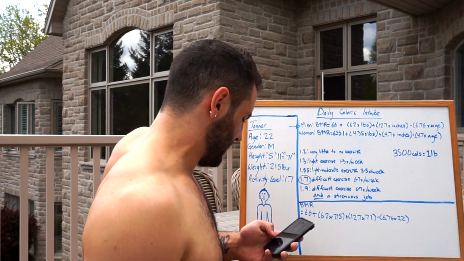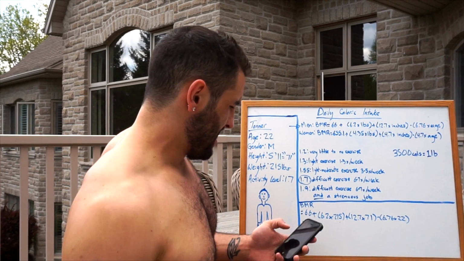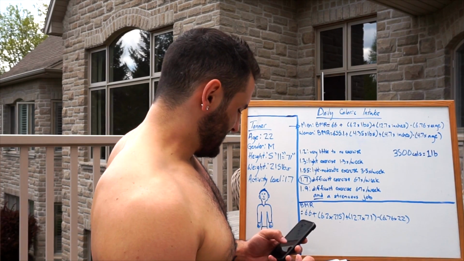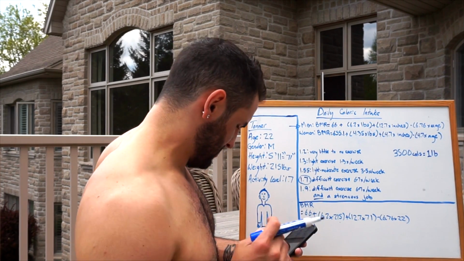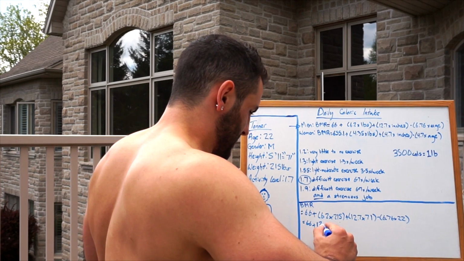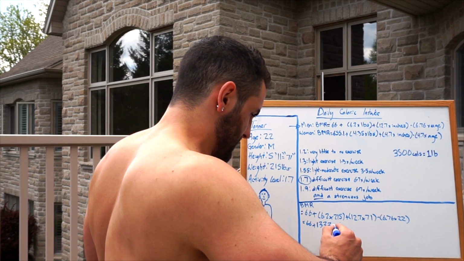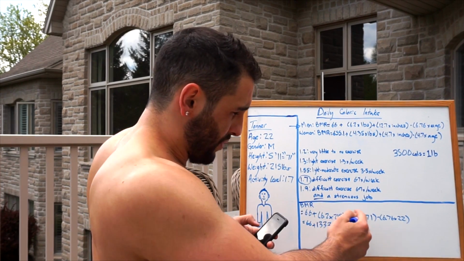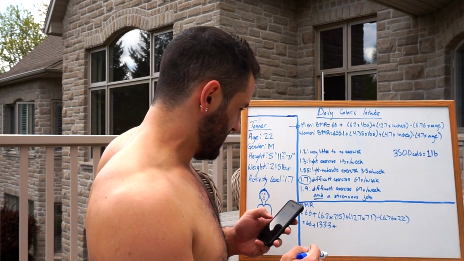So my calculator here, not that good at math. I'm going to multiply 6.2 by 215, which is going to give me 1,333. Next, I'm going to multiply 12.7 by 71.